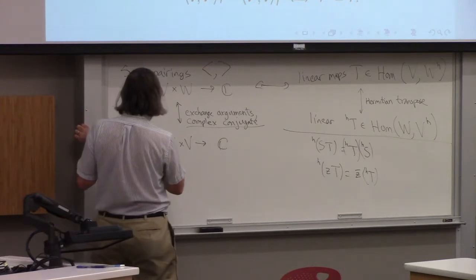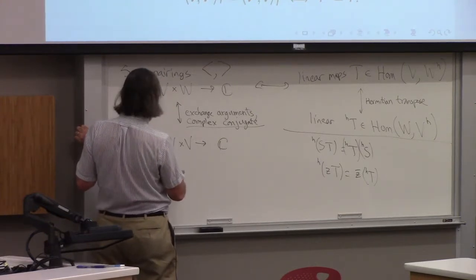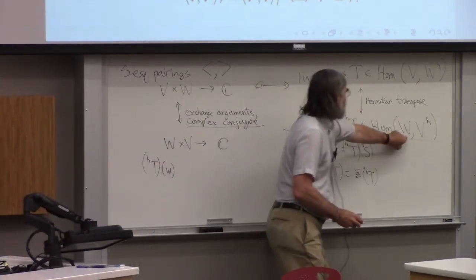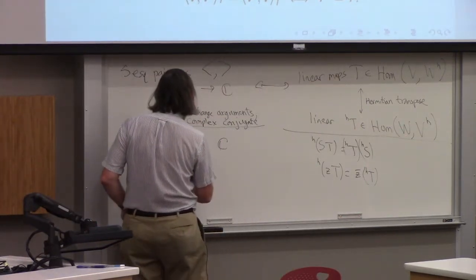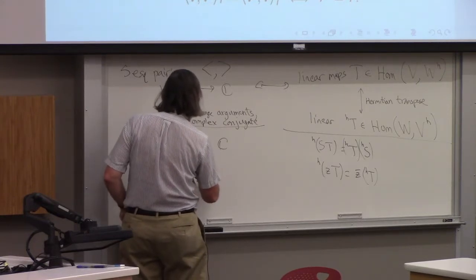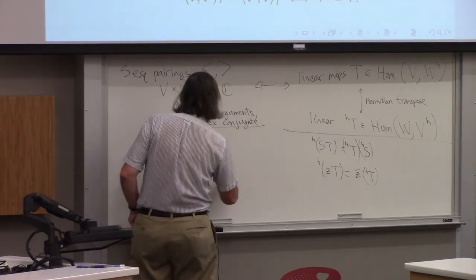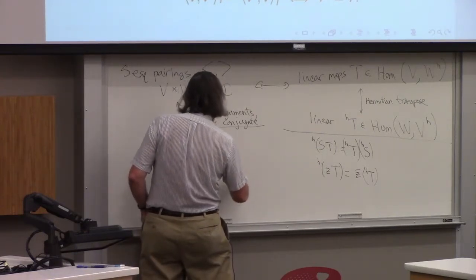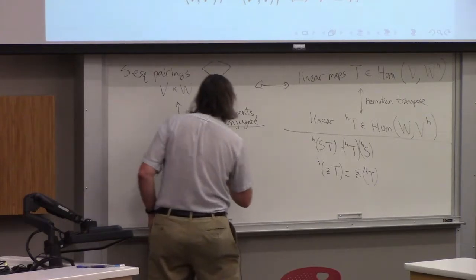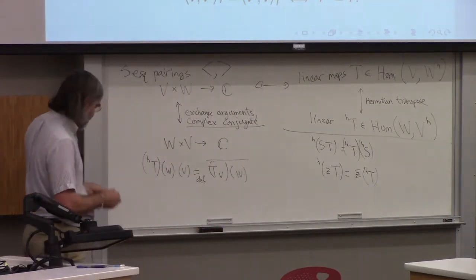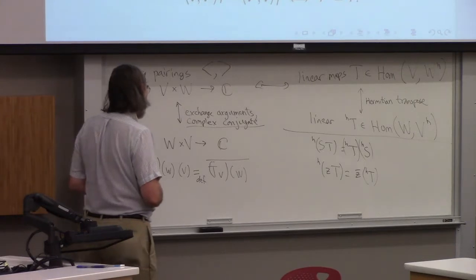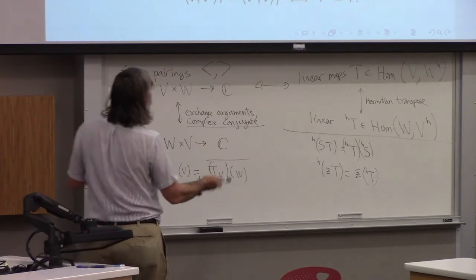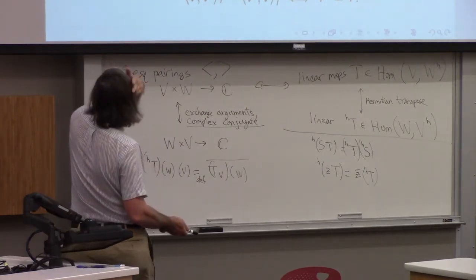So I'll write the Hermitian transpose of T applied to a vector W and evaluated at V is by definition: you apply T to V, evaluate that at W, and take the complex conjugate. Anyway, that's the picture.